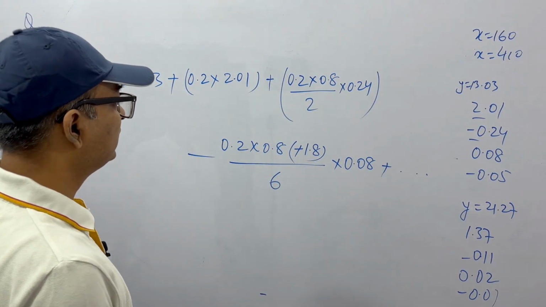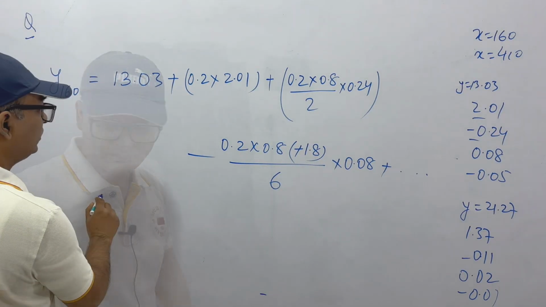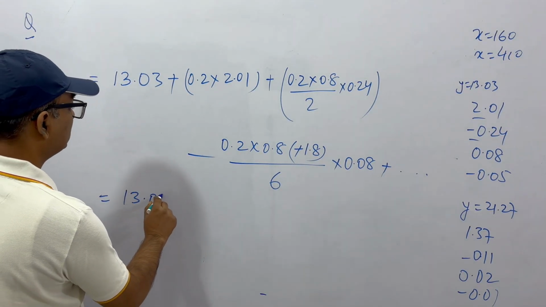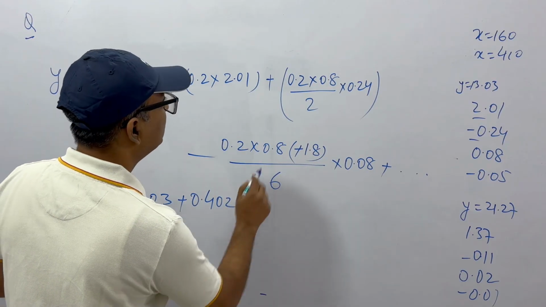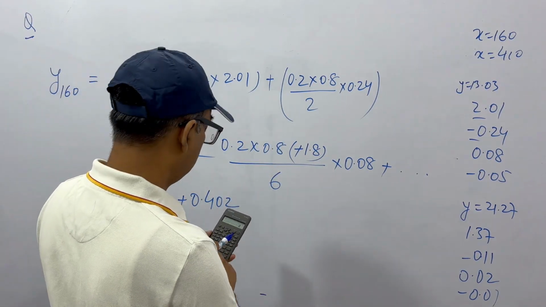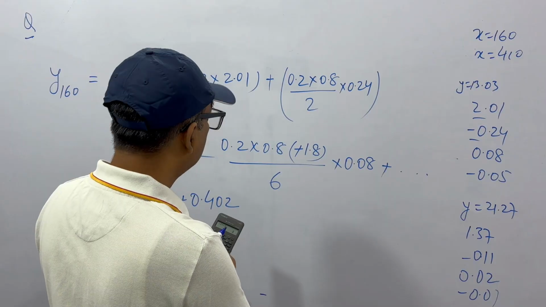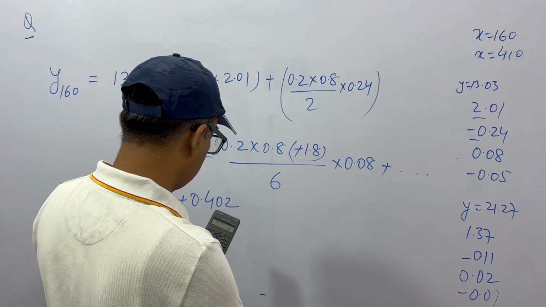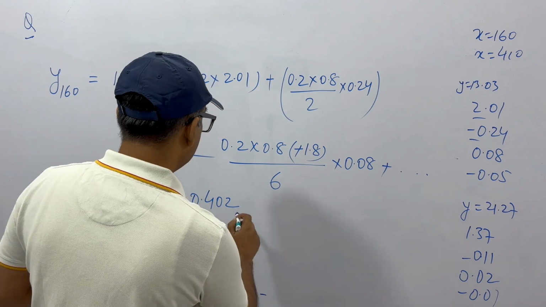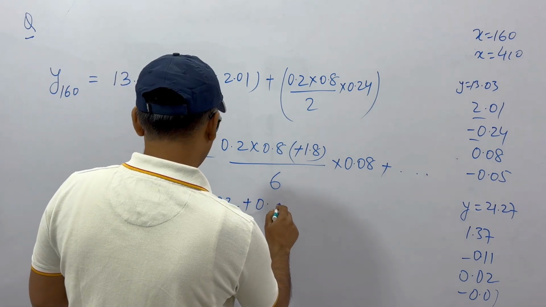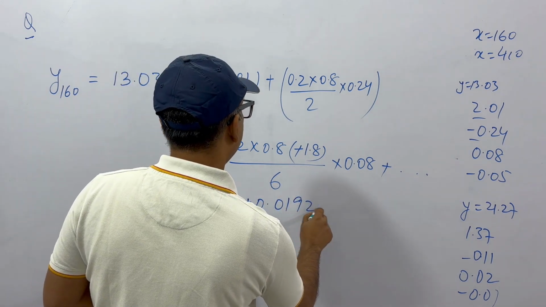Let's calculate this out. What is the value? This comes to 13.03 plus 0.402. Then this one is 0.0192.